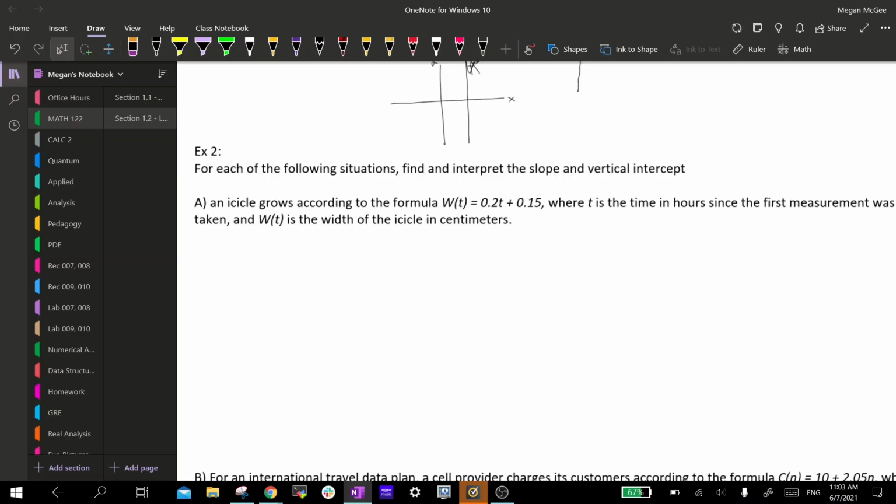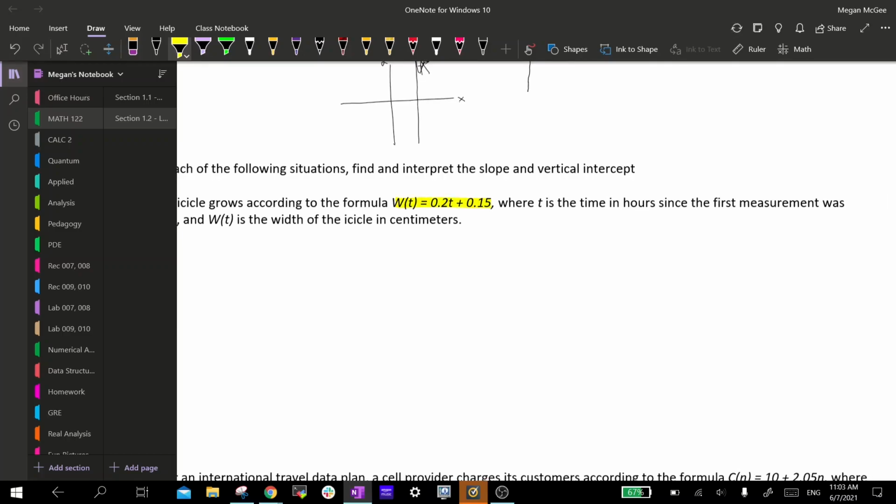Alright, so we have our formula that's given to us, w of t is equal to 0.2 t plus 0.15.